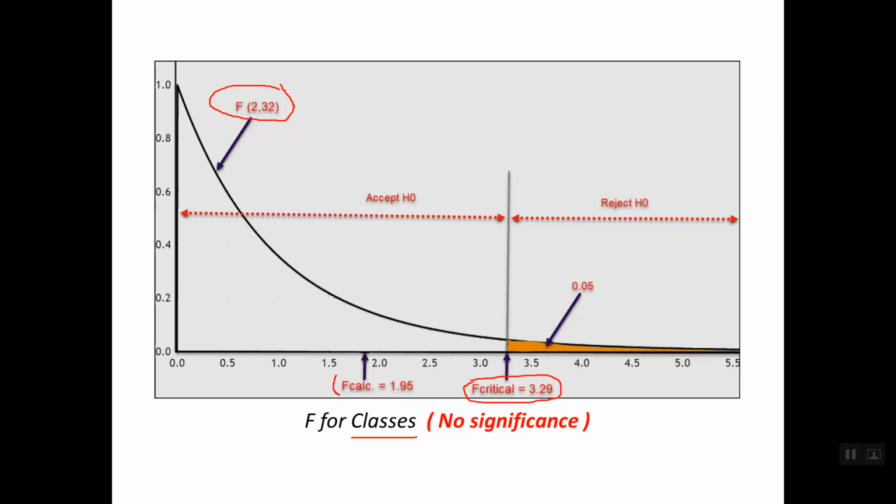The calculated value of F is 1.95, which lies in the acceptance region of the null hypothesis. So for this factor, we accept the null hypothesis, which means there is no significance.